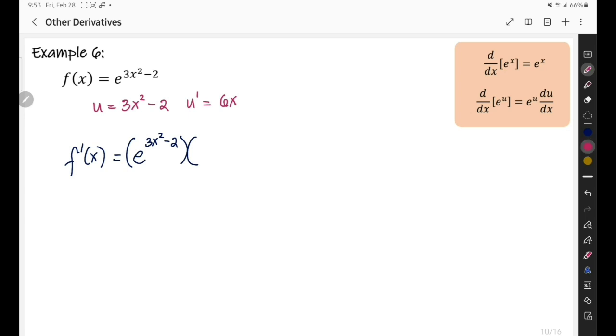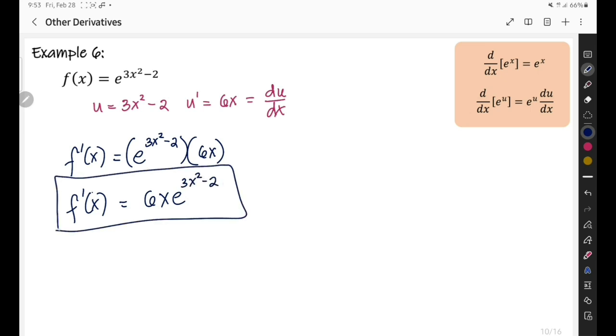Take note, this is also du dx. That would be 6x. Just rewrite that one. So f prime of x is equal to 6x e to the 3x squared minus 2. And that's it.